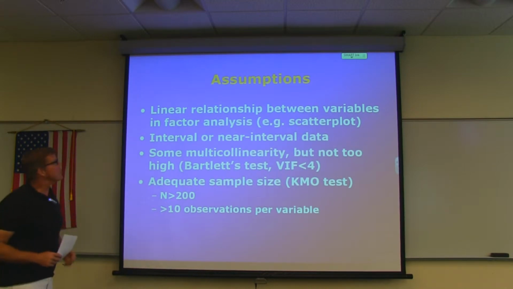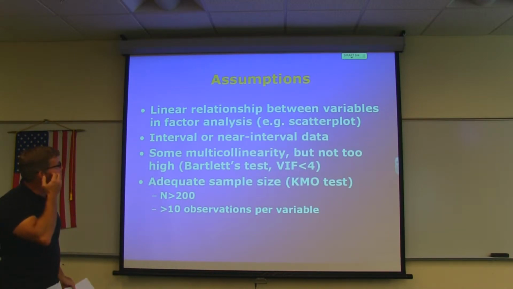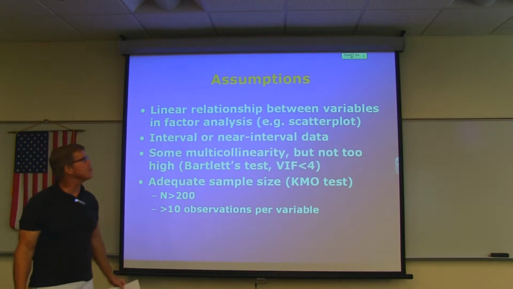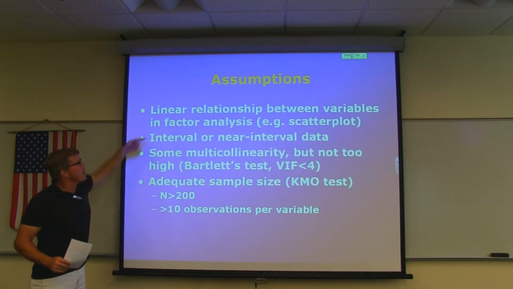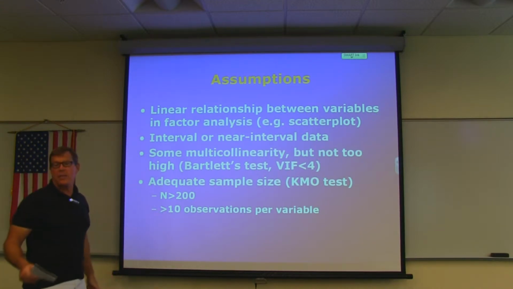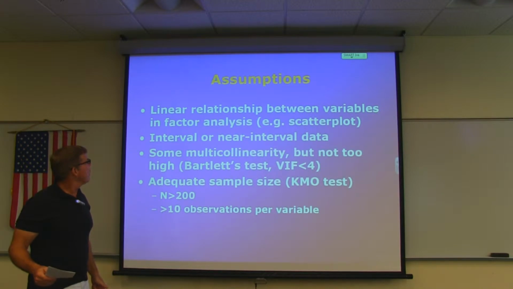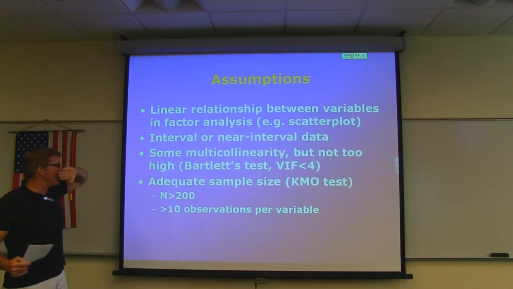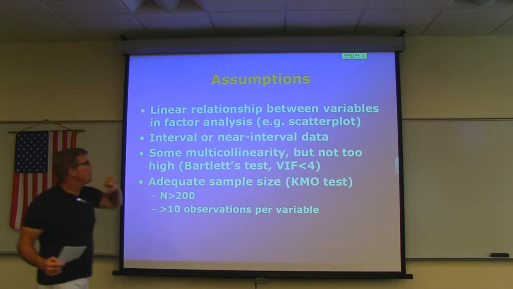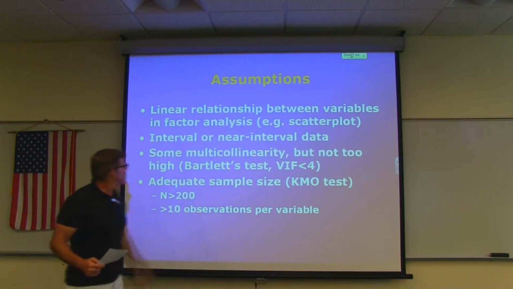Yep, we have some assumptions again. A linear relationship between variables. Like I said, this is a correlational technique, and we can assess that through scatter plots. Interval or near interval data. This is the same as saying continuous data. Okay. Some multicollinearity, but not too much, and we have a couple of measures to assess that.